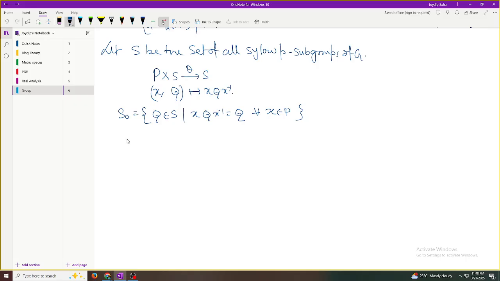Now, that means what? For Q belongs to S, Q is in S0 if and only if X Q X inverse equals Q for all X belongs to P, if and only if P is a subgroup of NGQ, because X belongs to NGQ, right?